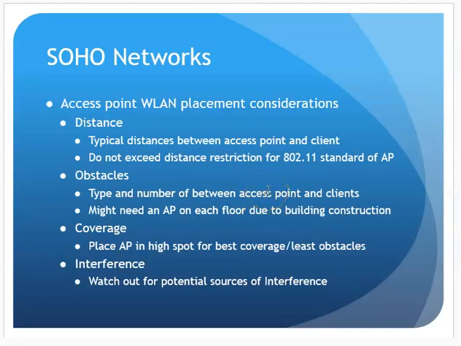So things like distance, obstacles, how much area you need to cover, and interference are things that are going to affect where your access point gets placed. Once upon a time, I placed it in our bedroom upstairs in our house. As we added more devices onto our network, I literally reran cabling, and I have it located downstairs on the first floor in the living room where most of our wireless activity occurs.